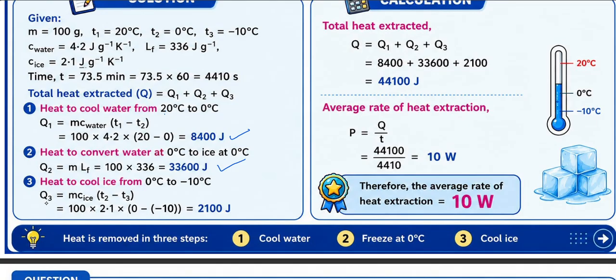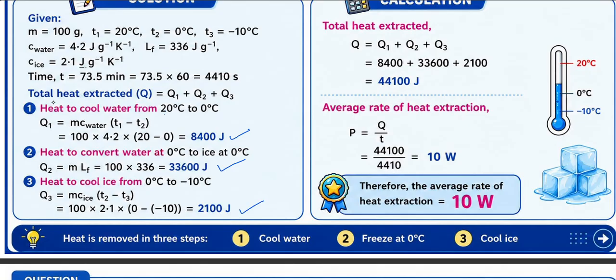That heat extraction is calculated by mc(T2 minus T3). Why? Because there are two different temperatures. Whenever you have different temperatures, use this formula, and if you have constant temperature, which happens whenever there is a change in state, use the other. So Q3 equals m times the specific heat capacity of ice, also given in the question, times (T2 minus T3). T2 is 0 degrees Celsius and T3 is minus 10 degrees Celsius. Putting these values, you will get 2100 joule.